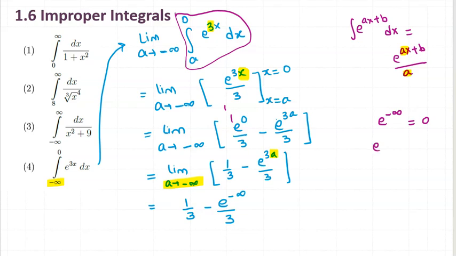Why? Because e to the power infinity is infinite and e to the power minus infinity is 1 over e to the power infinity, which is 1 over infinite, and 1 over infinite is 0. So this term becomes 0. So 0 over 3 is again 0. This gives you your final answer as 1 over 3.